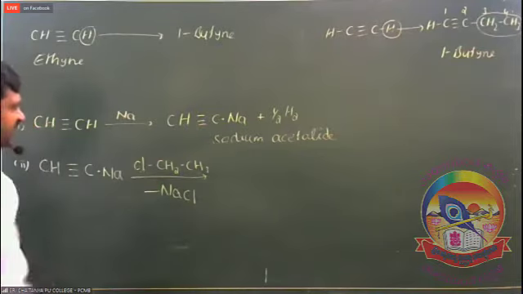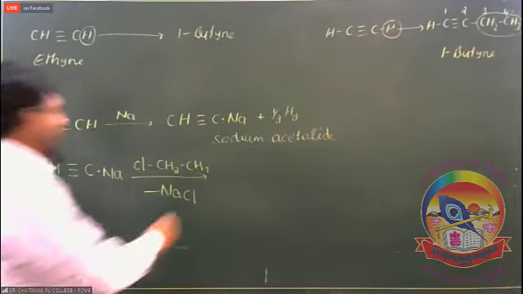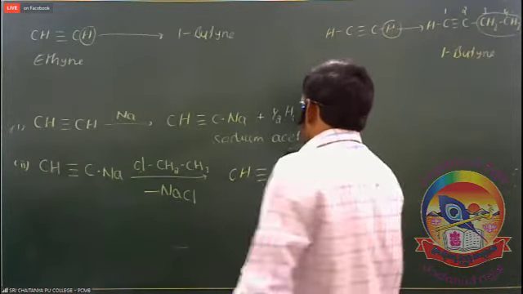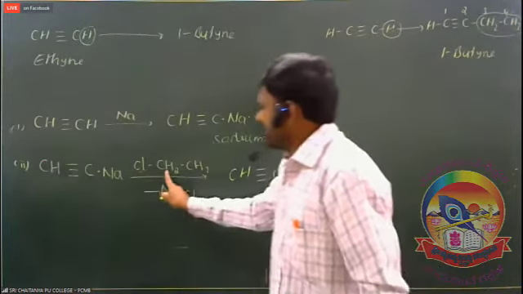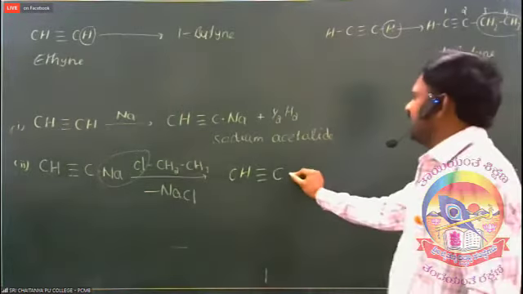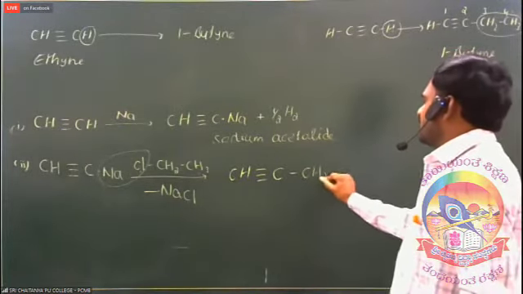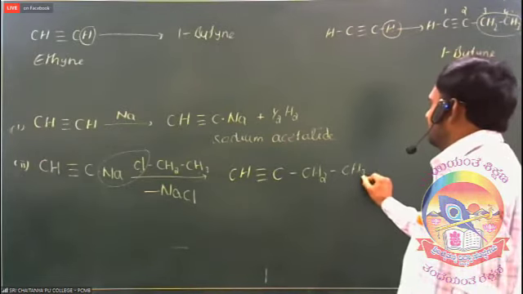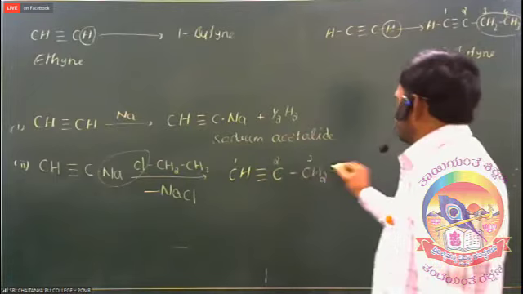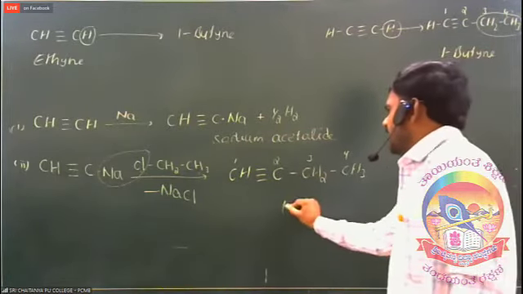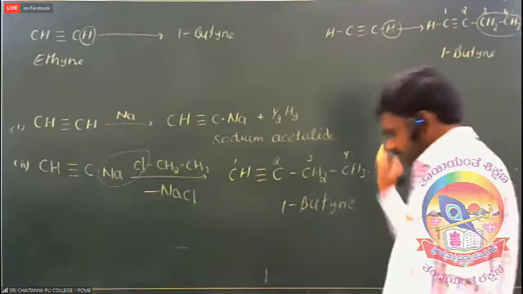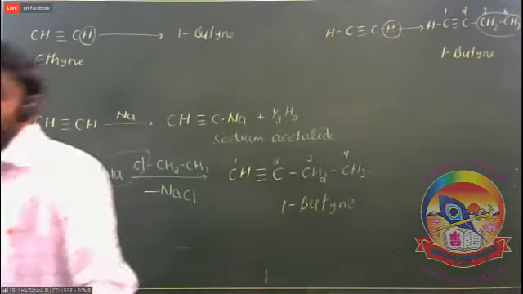So the product formed is CH triple bond C, where the C attached to Na is now attached to the ethyl group, CH2CH3. First carbon, second carbon, third carbon, fourth carbon. So it is called 1-butyne.